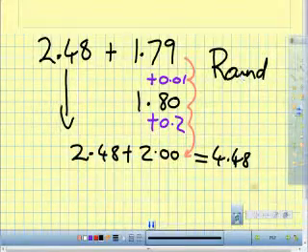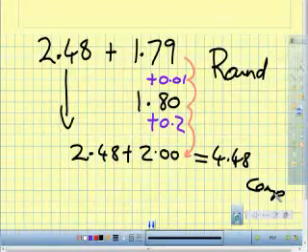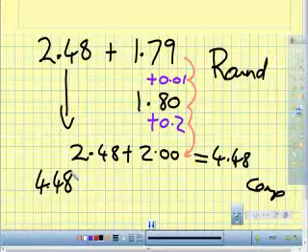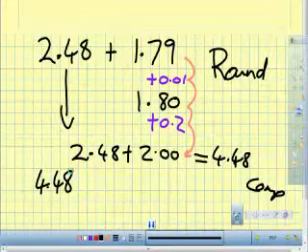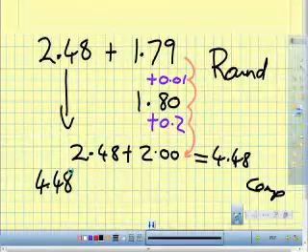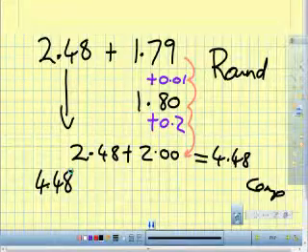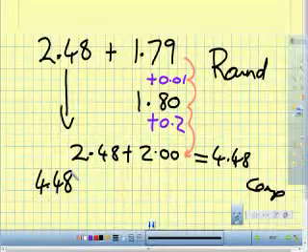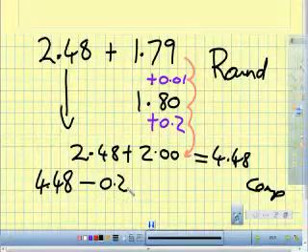And now what I've got to do is my compensate. So I come to my 4.48 and I think, okay, what did I do? I added 0.2, so I must minus 0.2 off of it to bring me back to where I started. Really important that you get the place value right.